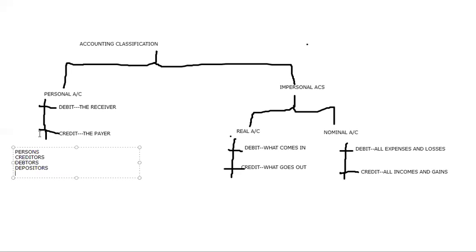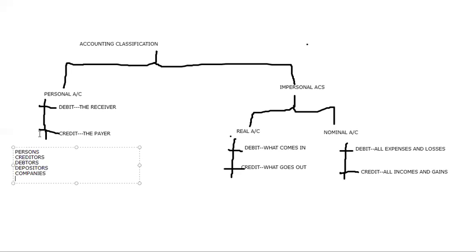Then here we will have companies, because I said a company is an artificial person. According to law, a company is an artificial person. That means any organization which has been registered under the Companies Act is an artificial person. So obviously they'll come under a personal account only, no?